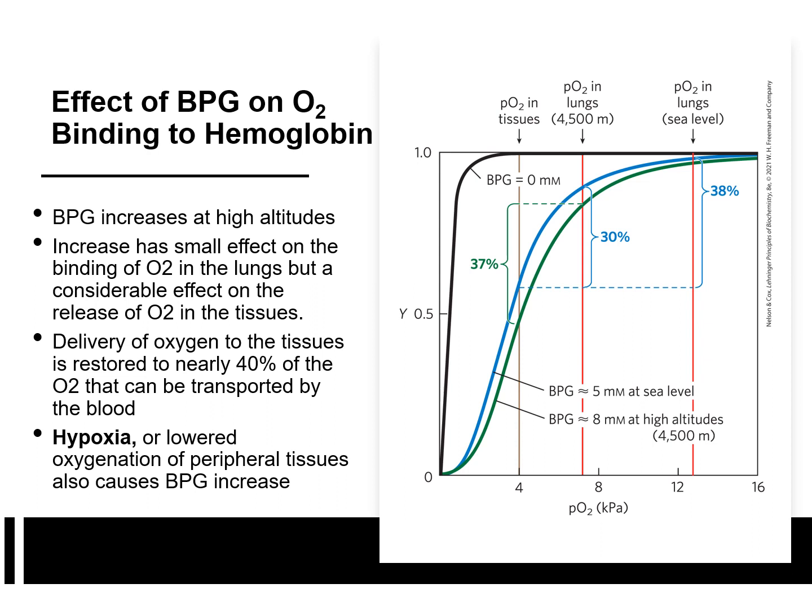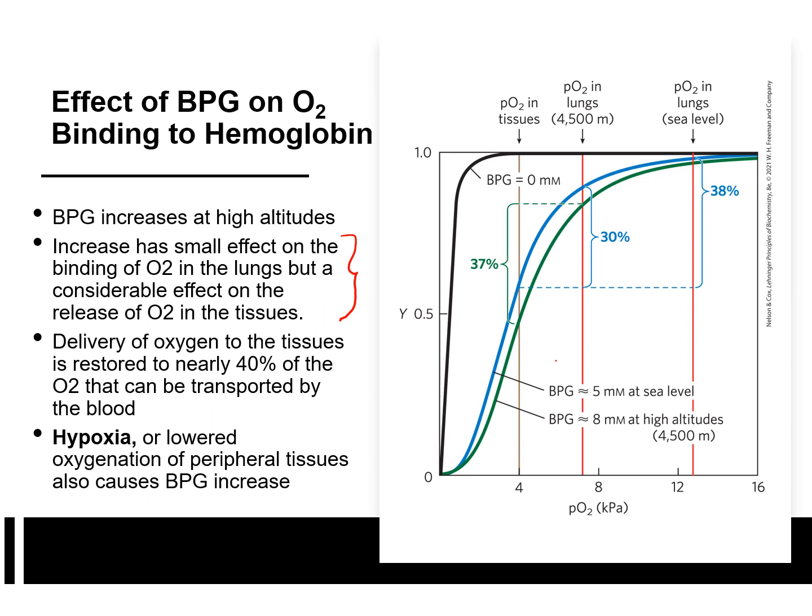So, BPG increases over time at high altitude. And the reason BPG increases at high altitude is its presence has a small effect on the binding of oxygen in the lungs, but a considerable effect on the release of O2 in the tissues.